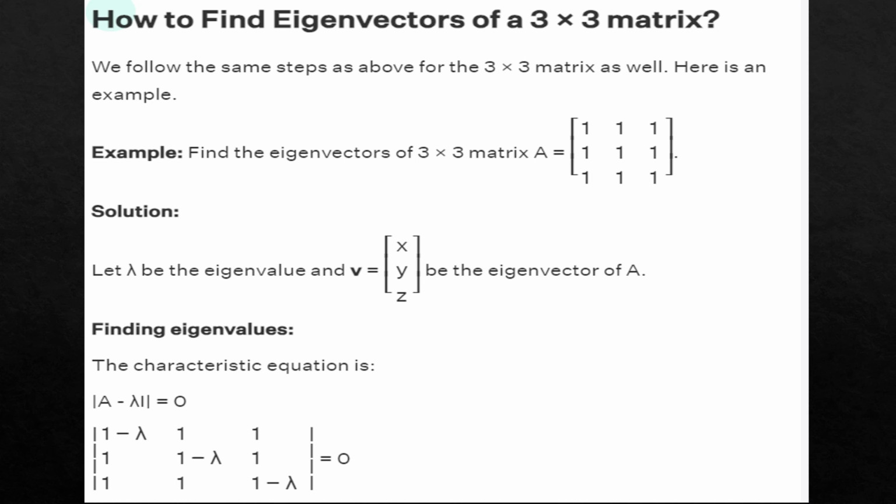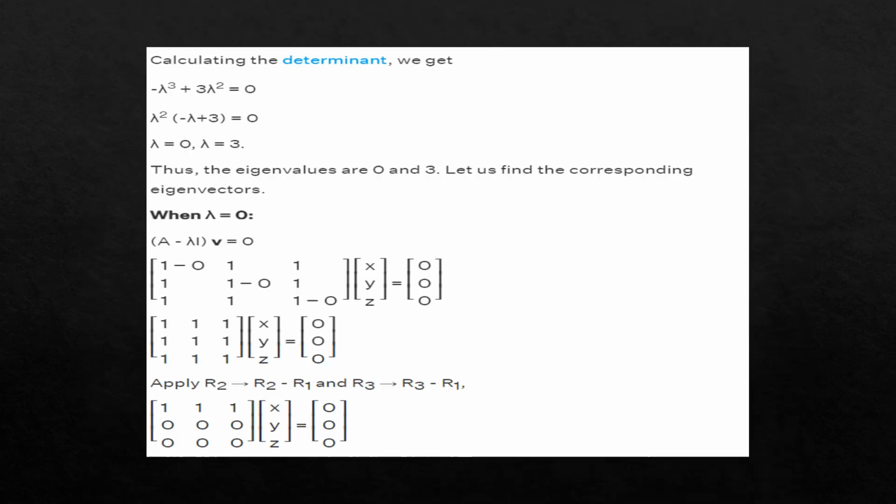For calculation of eigenvalues, I need to assume the eigenvalue as lambda and calculate the determinant of this equation. The determinant will give me lambda cube minus lambda cube plus 3 lambda square equal to 0. Lambda square I can take out, so lambda I got as 0 and lambda as 3. So corresponding to these two eigenvalues, I need to calculate the eigenvectors.